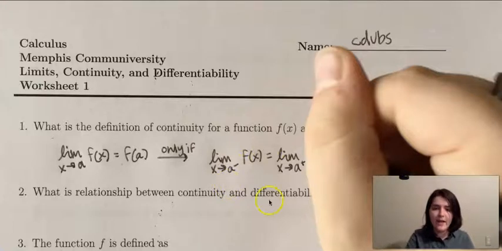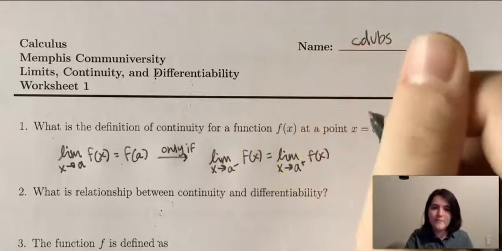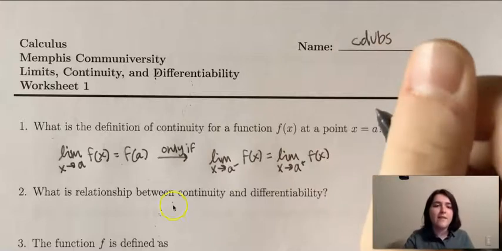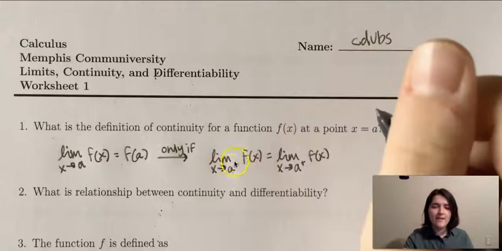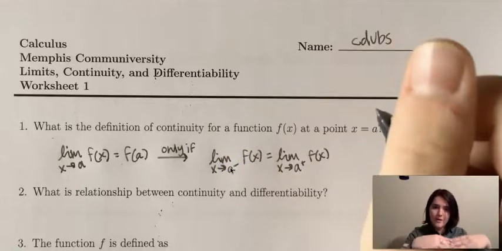And right here, we have the limit from the right side. This is only a thing if these two are equal, because the left and the right have to both be approaching the same number. The left side has to be approaching one number, and the right side has to be approaching the same number for it to be continuous.